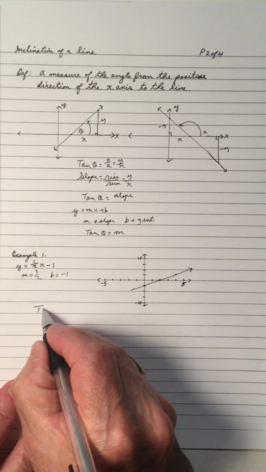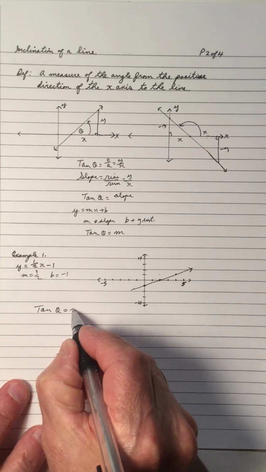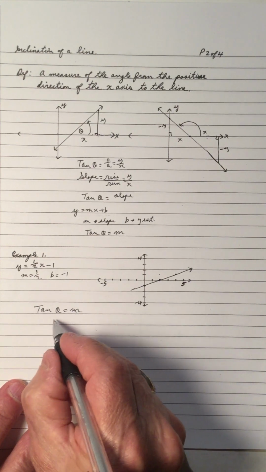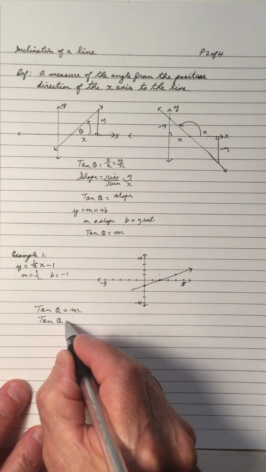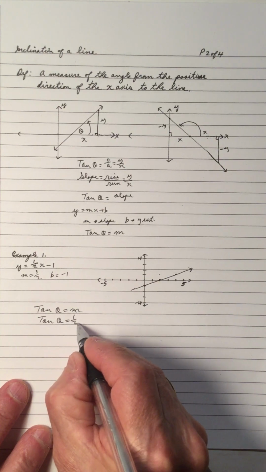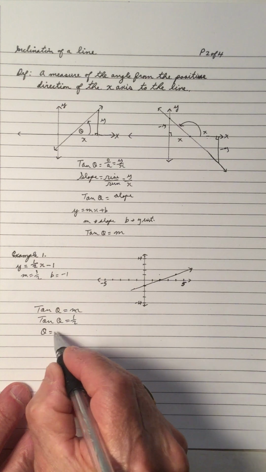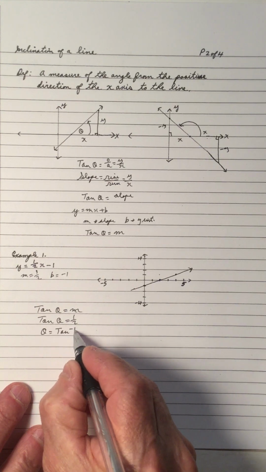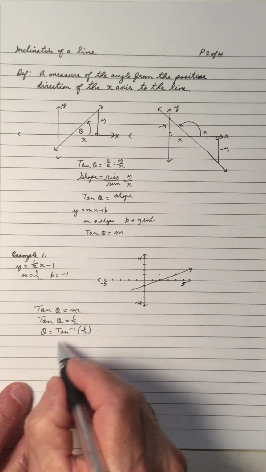That means the tan of theta is equal to the slope, m. So the tan of theta is equal to 1/2. So theta is equal to tan to the negative 1 of 1/2.